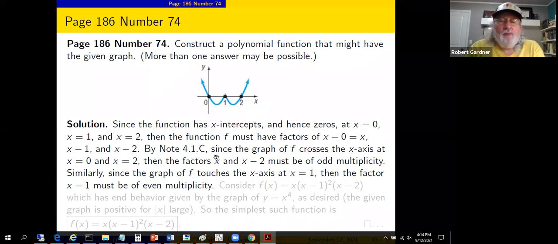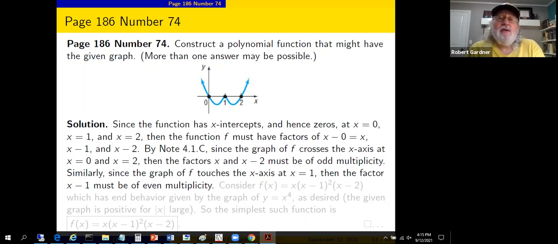By note 4.1.c, where we looked at the multiplicity stuff, since a graph of f crosses the x-axis here and here, at intercept x equals 0 and intercept x equals 2, then those two factors must be of odd multiplicity. The function changes sign from positive to negative here and changes sign from negative to positive here. Goes from above the x-axis to below it. Here it goes from below the x-axis to above it.